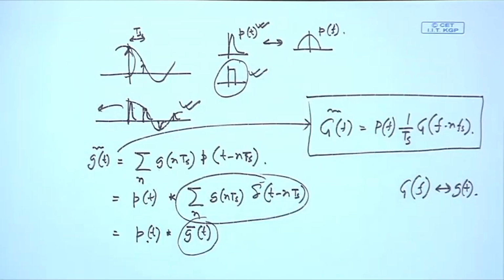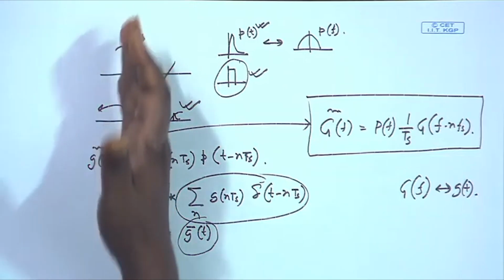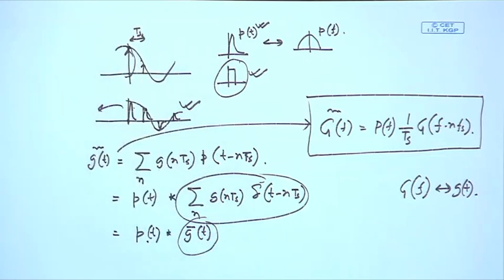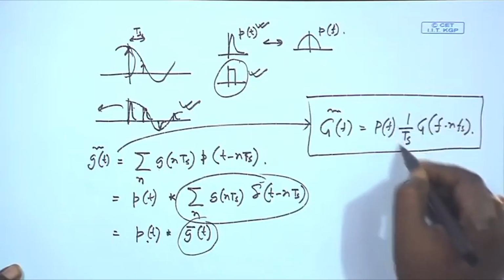We have now understood that if I modulate my signal with a realistic pulse, then the corresponding Fourier transform will be the original Fourier transform, which I got with an impulse, with which we proved Nyquist sampling and showed the interpolation, that just by a low pass filter we can extract the signal.